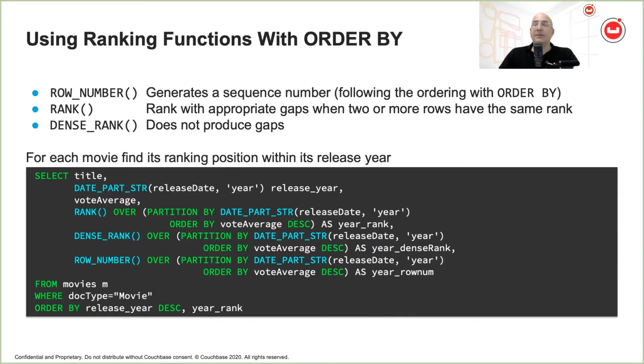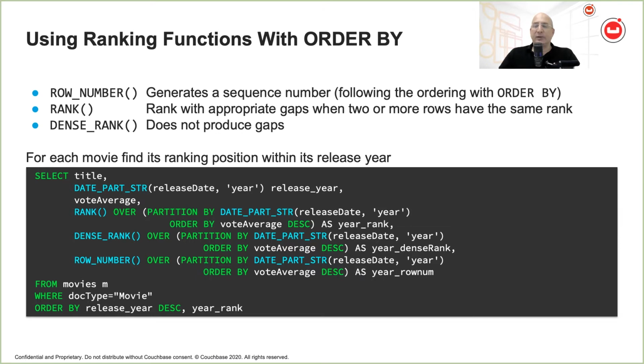Let's see an example of using all these functions together. Here we call all these functions together, and for all of them, we partition the data by their release year and order by the vote in a descending order. That means that the movies with the higher votes will be first.